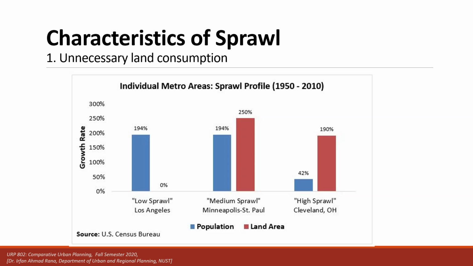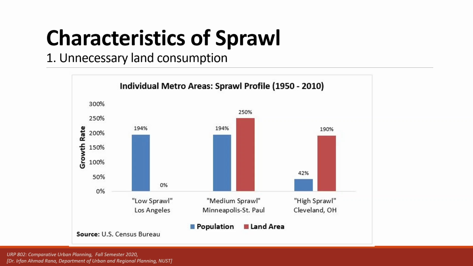This is basically relative sprawling. In Europe, some countries have experienced population growth of 6%, but at the same time, the built-up area has increased by 20%. So this 6% versus 20%, that is a huge gap, and that can be termed as sprawling.